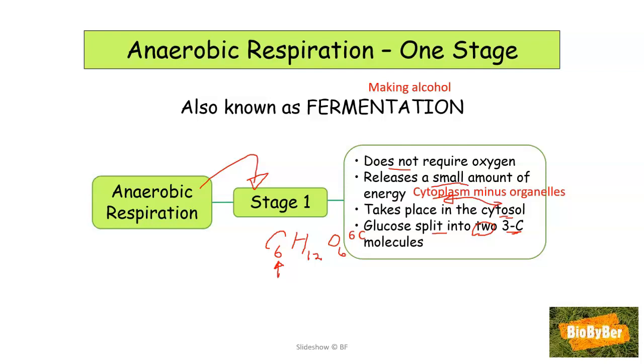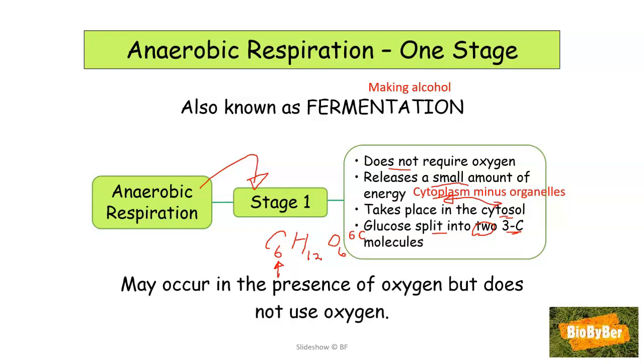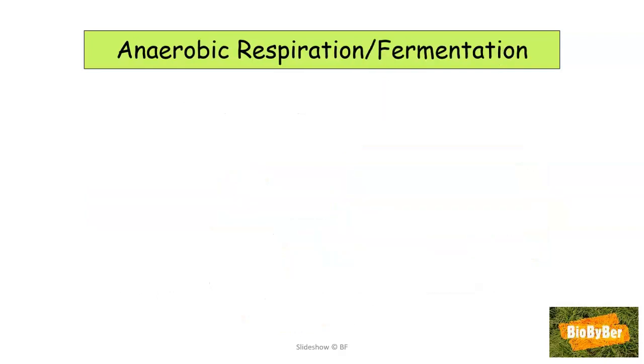bearing out the fact that respiration is catabolic. Now, anaerobic respiration or fermentation may occur in the presence of oxygen, but the important point is that it does not use it. What other points are important to add to a simple description of anaerobic respiration?